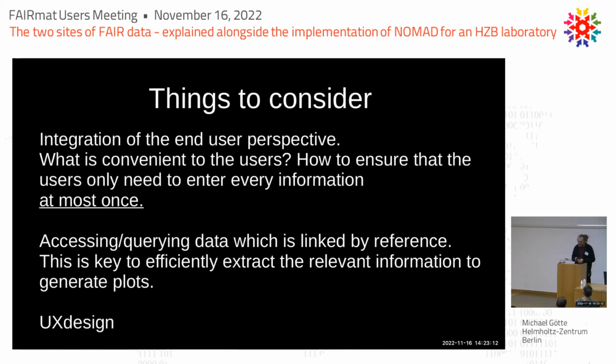The second is a concrete aspect of Nomad right now, as it's set up. If you want to generate these plots I was talking about, like grouping different things together, you need to be able to query this data efficiently, which is something I know is worked on and thought about.